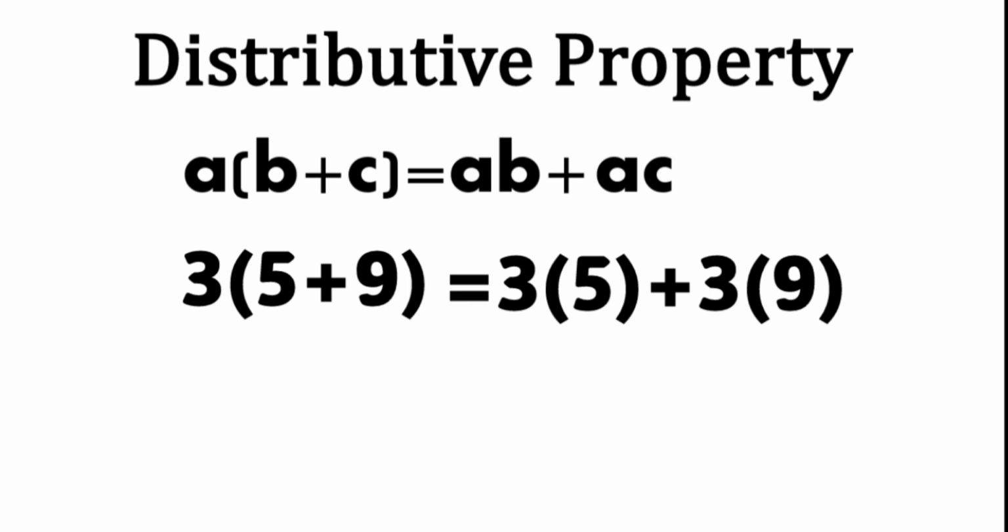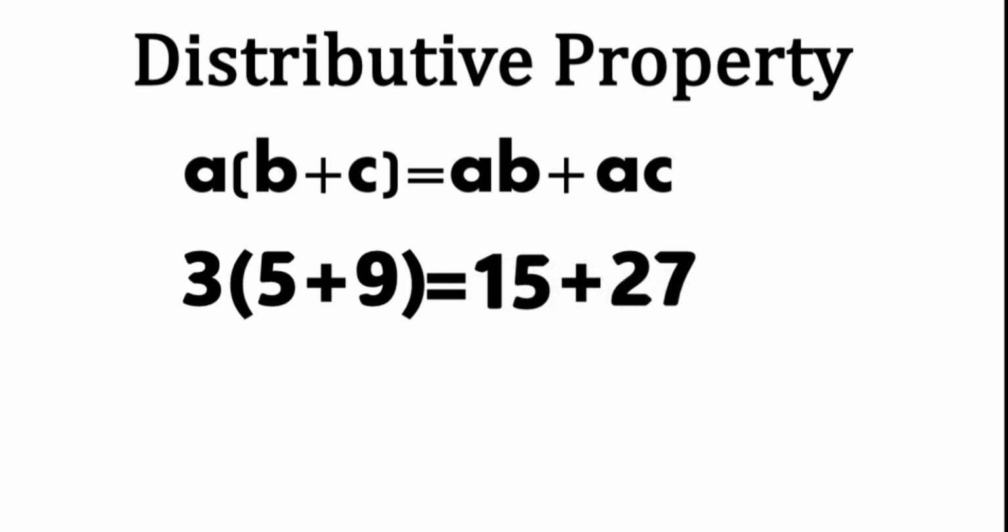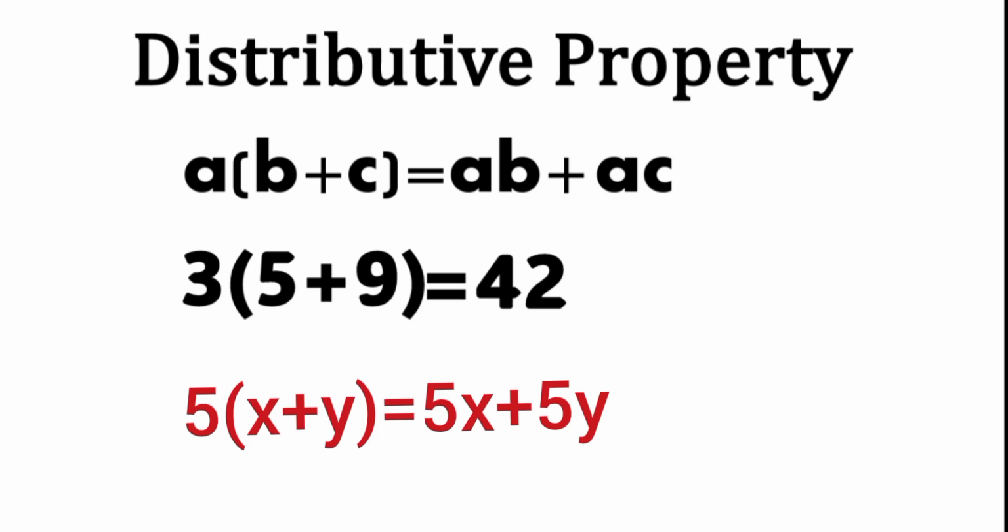So we have 15 plus 27, which is equal to 42. So you can directly also add this one, but for algebra using x and y with unlike terms, you cannot add directly unlike terms. You have to use the distributive property.